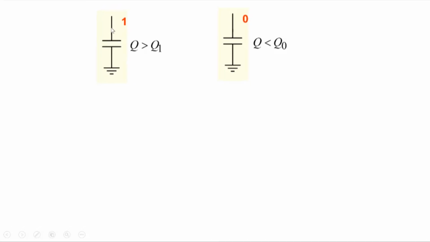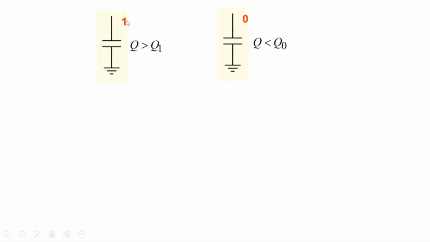When there's a sufficient amount of charge on the capacitor, the voltage across it will be Q by C. If Q and C are reasonable, the voltage across the capacitor would be high, and we call it logic 1. So you store a binary number 0 or 1 by storing charge on the capacitor. If there's no charge stored, there is a 0 stored. If there is a reasonable amount of charge stored, the voltage is high, and you have a logic 1 stored in the capacitor.